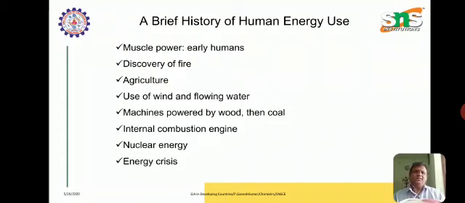But nowadays we use tractors and modern machinery for agriculture, which in turn consume oil and gases. So day by day, the usage has increased. Wind and flowing water were utilized in the beginning, but now machines like internal combustion engines and nuclear energy are used, and these lead to a lot of energy crisis.